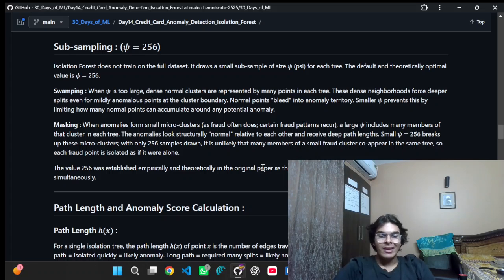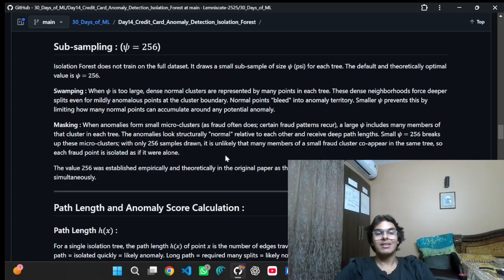When some anomalies form part of micro clusters, a large value of this sample, like 256 is a good value, but some other large value is going to basically hide the anomalies, because they will look like normal points locally. When we look at them from a global perspective, they are actually going to be anomaly values. So this is the problem of masking.